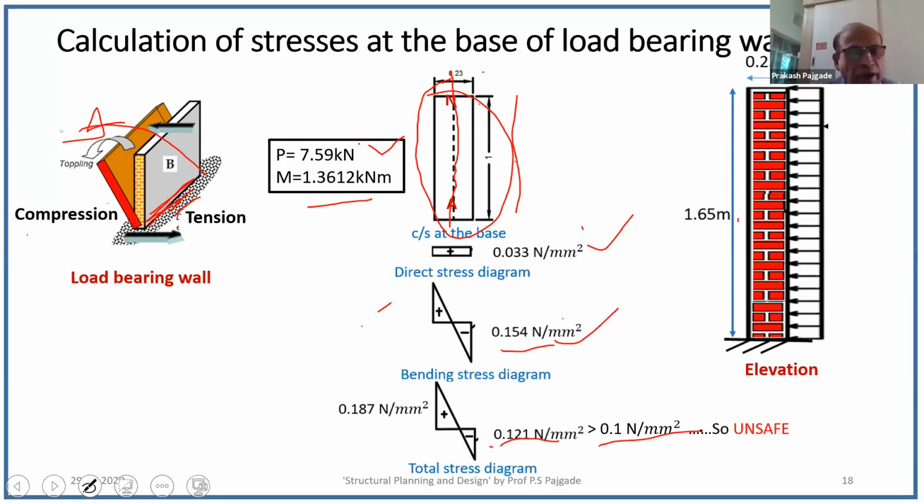Same thing is possible for a parapet wall also. You might be knowing that in 1996 there was a cricket match at VCA Stadium, Nagpur, and parapet walls were constructed in half brick wall. Now, because of the crowd, there was a pressure on the parapet wall. These walls were not properly connected to the main structure, and because of that, there was overturning of the parapet wall.